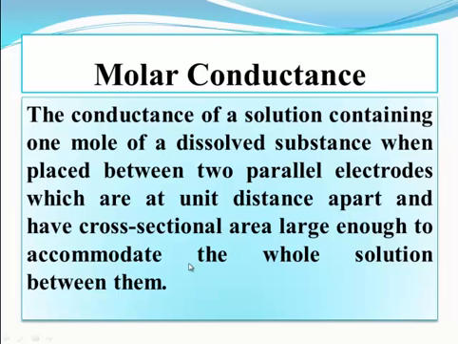So that means the cross-sectional area has to be so large that it has to accommodate the entire volume of the solution. Obviously, this is a hypothetical quantity, as it will be difficult to construct an electrode having a large cross-sectional area in order to determine the molar conductance experimentally.